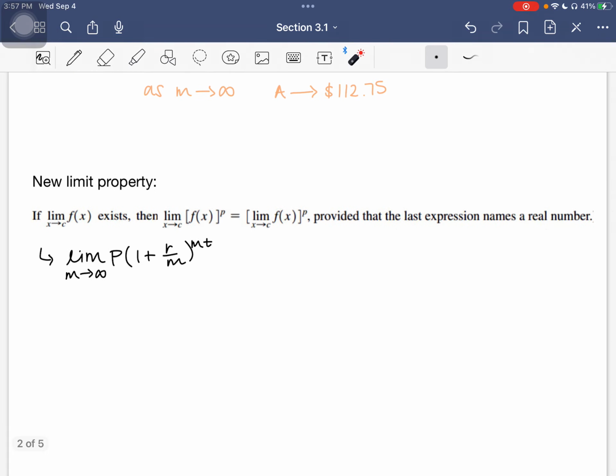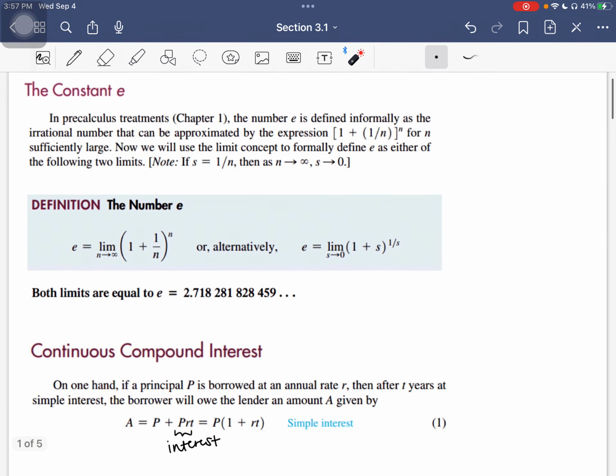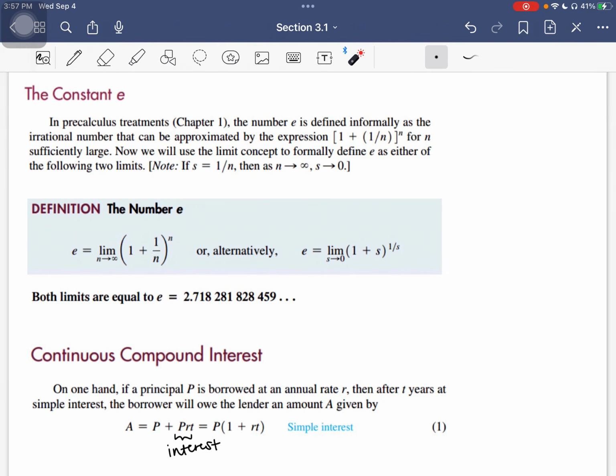But first, what I want to remind us is the definition of the number e. So when we're looking at the limit of our compound interest as M goes to infinity, we're going to try to rewrite this limit like this here.